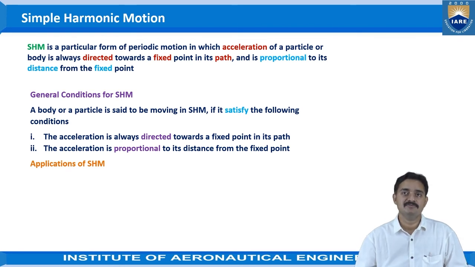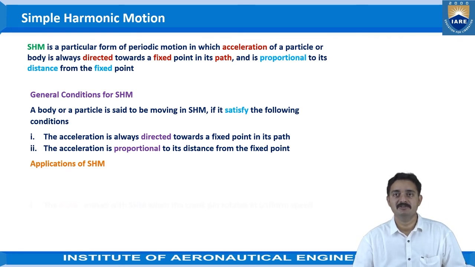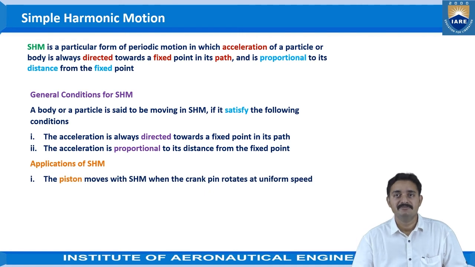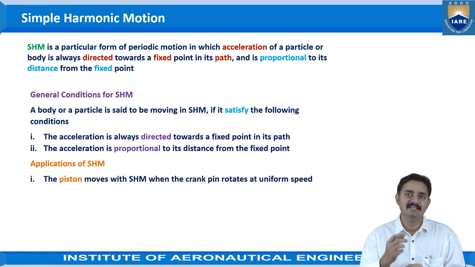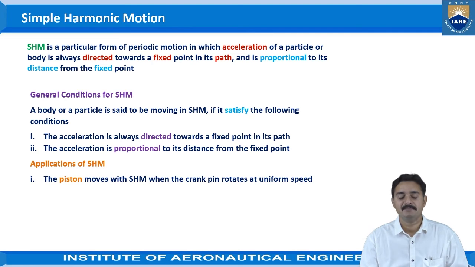Now, the applications of simple harmonic motion, where we can observe simple harmonic motion. The first one is the piston, which moves with simple harmonic motion when the crank pin rotates at uniform speed. Right? So, in an engine, there will be a piston and crank pin rotation connection, where the piston will be moving in a linear fashion and the crank pin rotates around the shaft.